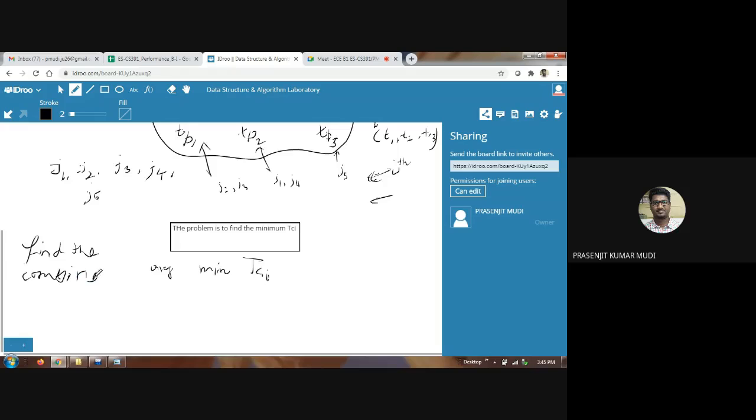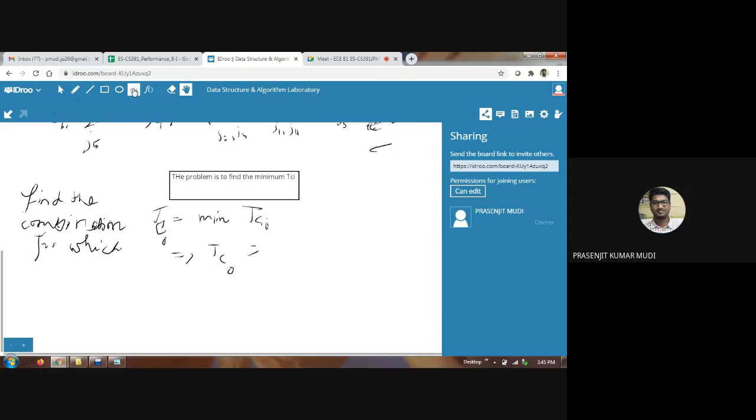Why is this job scheduling so important? Find the combination for which TC optimized becomes equal to the minimum of TCi. That means in the next step we can write TCO, the optimized computational time of the computer.